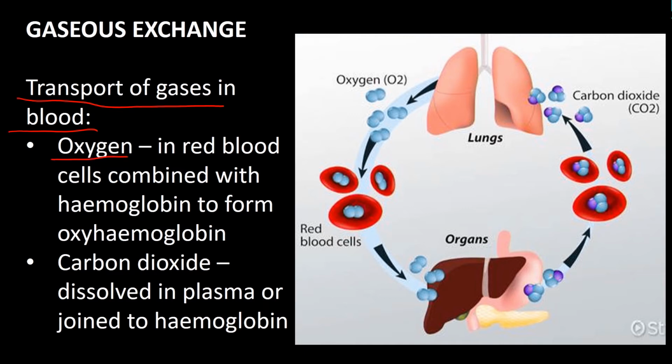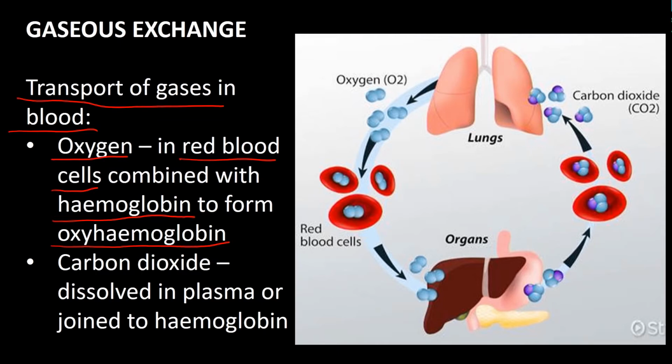And oxygen is transported in the red blood cells combined with a pigment called hemoglobin. And when that hemoglobin carries oxygen, it is called oxyhemoglobin, and it's a bright red color. So if you cut open an artery, the blood coming out of your artery would be a bright scarlet color because of this oxyhemoglobin.